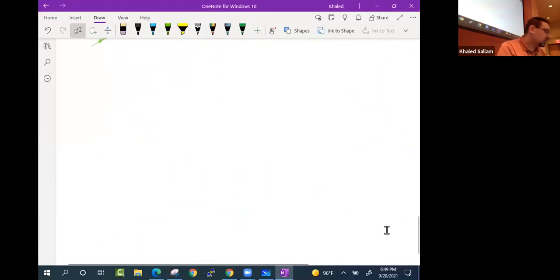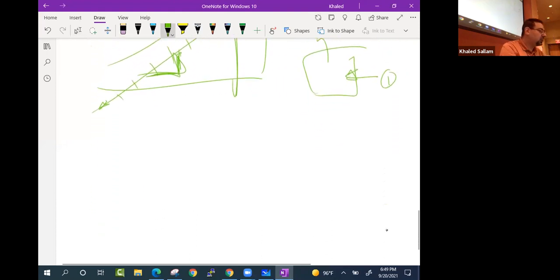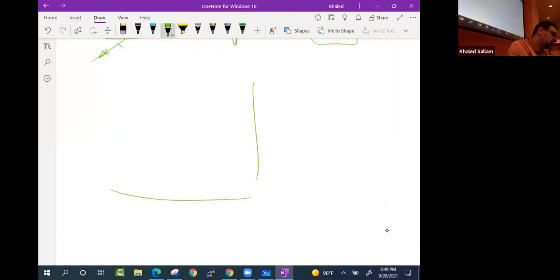Right. So the question is, when you were designing the system from scratch, how did we decide that ratio? Okay, and also, here's another question. How do we determine that this is the optimum position?